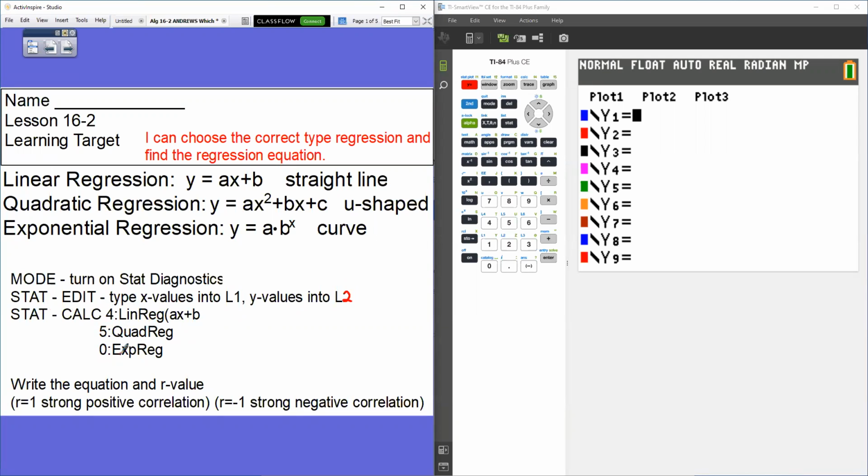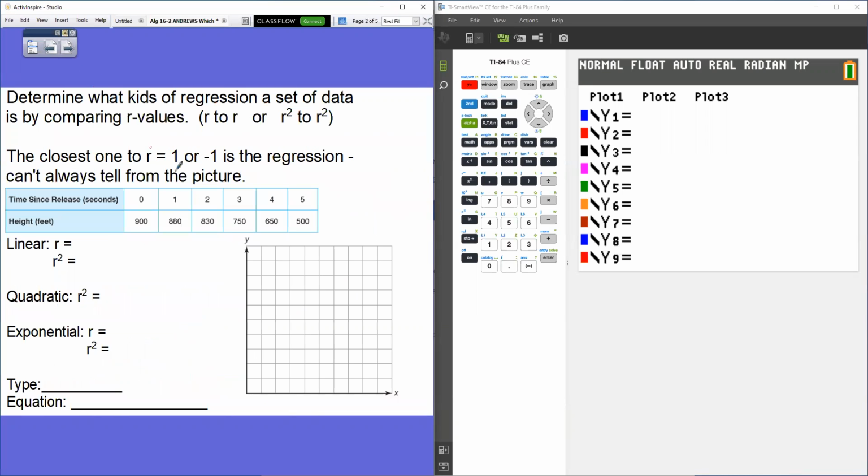You're going to write the equation, rounding to the nearest hundredth, and you're going to find your R value to the first 4 place values. Remember that R equals 1 indicates a really strong positive correlation. An R value really close to -1 is a strong negative correlation. That's very important for today.